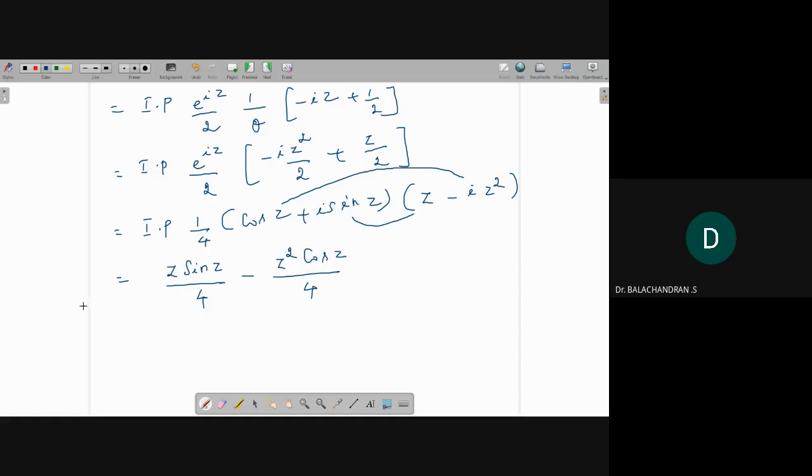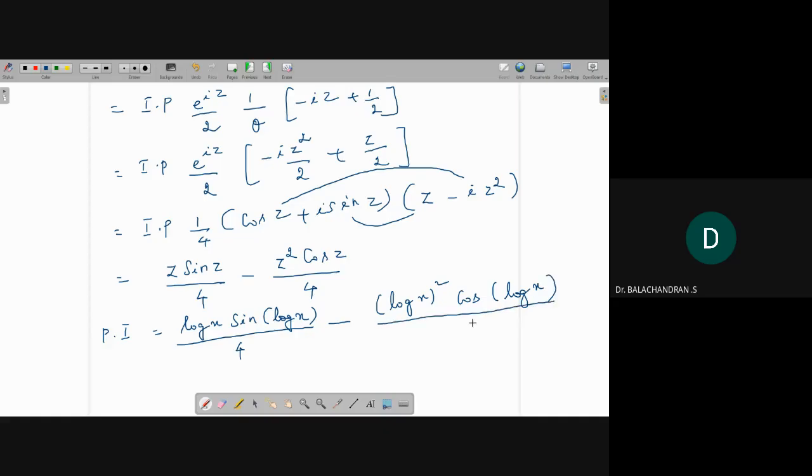So this is the PI, but we need to convert in terms of x. So z equal to log x: (log x) sin(log x) divided by 4 minus (log x)² cos(log x) divided by 4. So this is the PI.